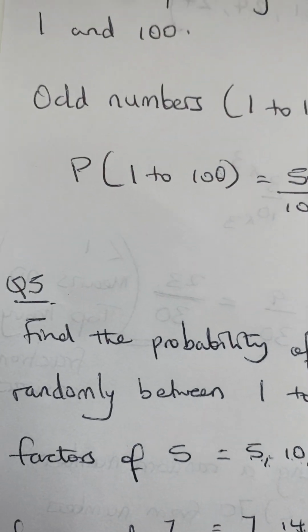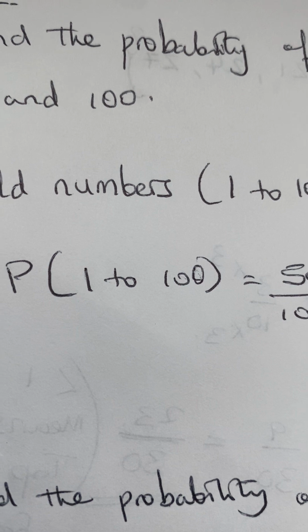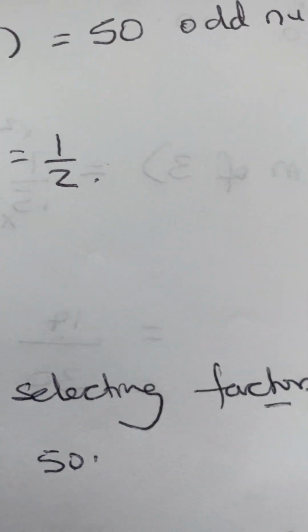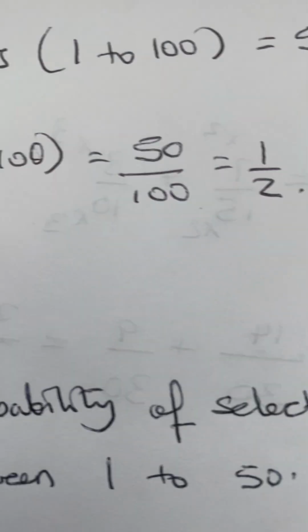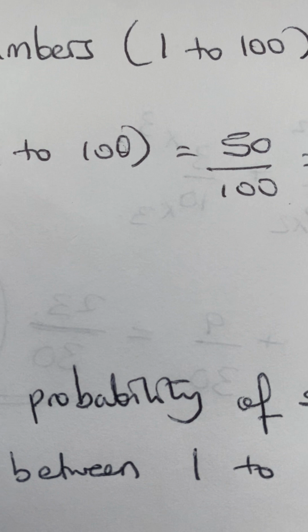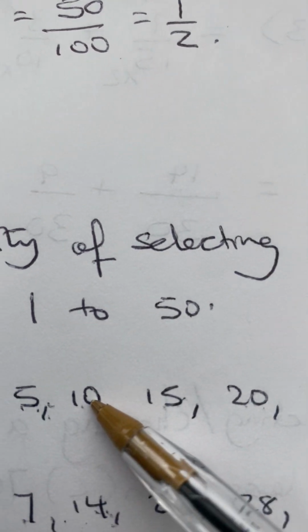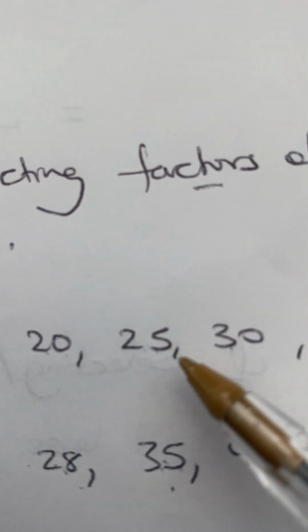So the probability of choosing any of these factors of 5 or factors of 7 between 1 and 50: 1, 2, 3, 4, 5, 6, 7, 8, 9.